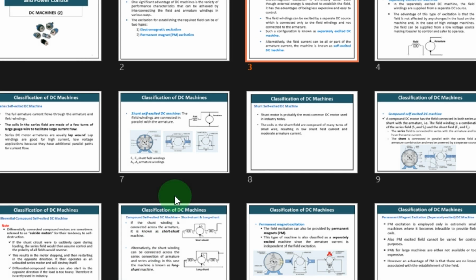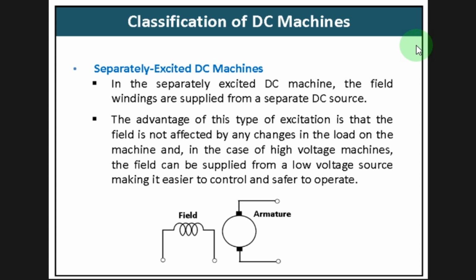And the separately excited DC machines, there are no other variations. It is like field coil is supplied with a separate supply, and armature coil is supplied with separate supply, right?